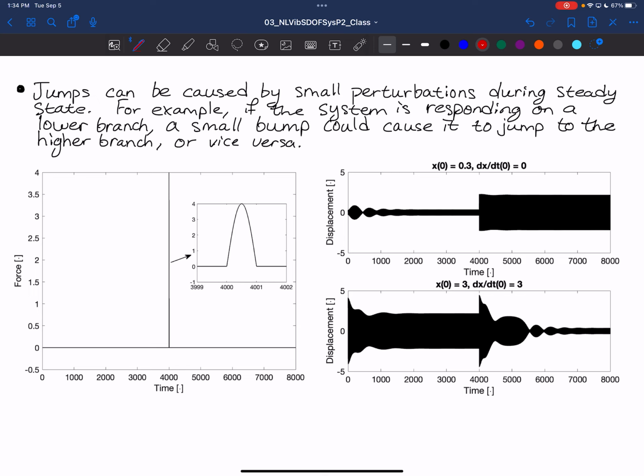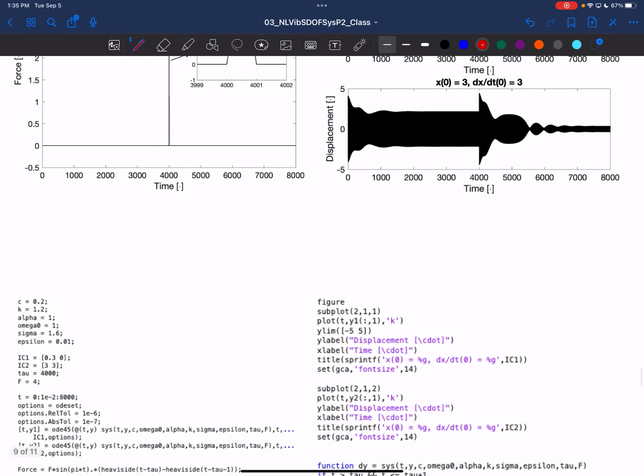And then on the lower right figure, we start on the upper branch, and then that small perturbation causes it to drop down to the lower branch, and then evolve according to that. In this case, this force has an amplitude of 4, but its duration is 1. Very small in comparison to the active external force, which I'll scroll down to right here.